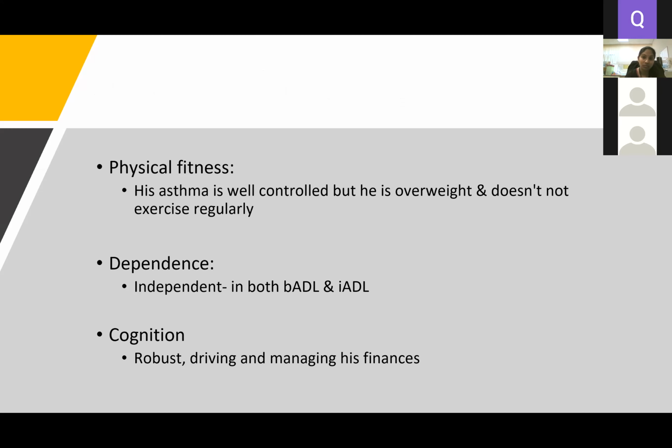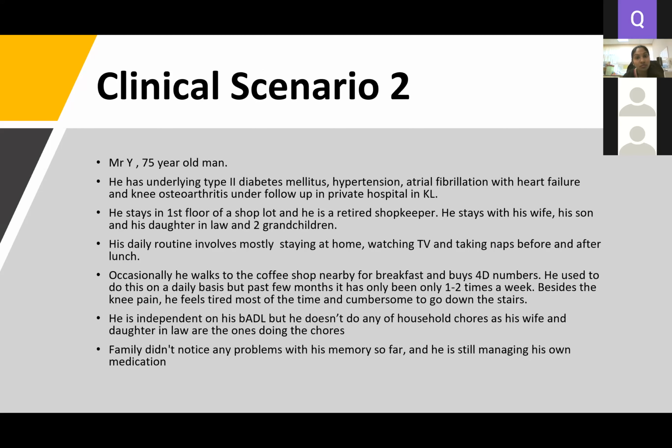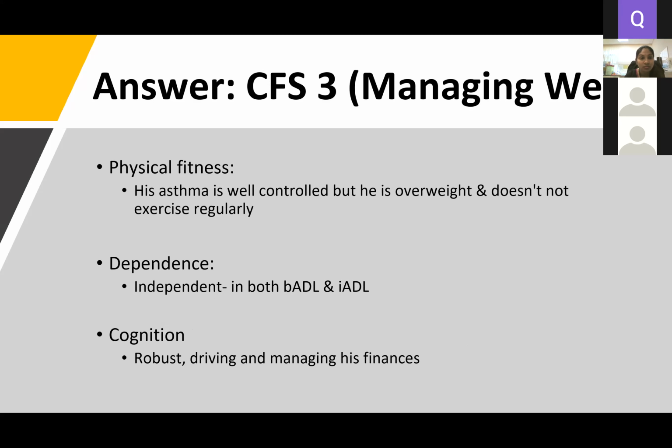So this is actually somebody who has a CFS 3. He's actually managing well. So why we say CFS 3 is because we can see there's a few things going on. So we go through the 3 main things that Dr. Premala talked about, which is your physical fitness, your dependence, and your cognition.